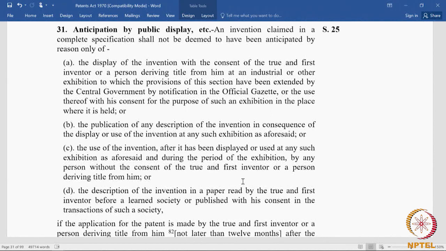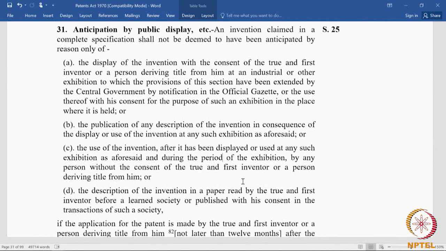So, first there has already been a display by the authorized person, but someone sees it and uses the invention without the consent of the true and first inventor or the person deriving title under him. We will say the applicant, without the consent of the applicant during the period of the exhibition. Now, the third party using the invention has to do so during the exhibition.